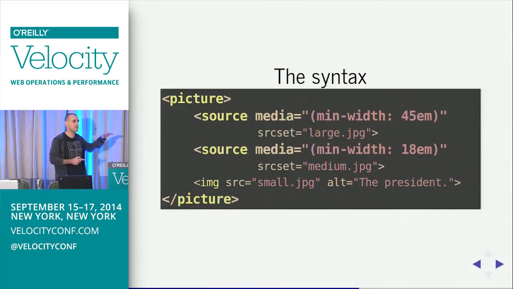So if there is a matching media query as part of the media attribute, or a matching type attribute, as we'll see in the next example. And once we've found a source tag that matches, we take its srcset attribute and use that in order to pick the best resource.